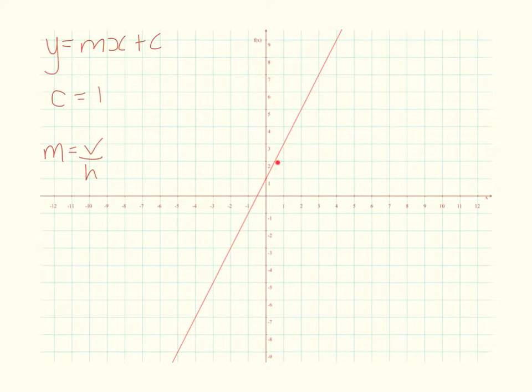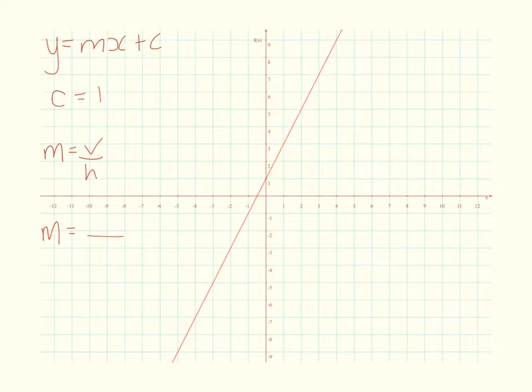We couldn't count to here because it's not in the corner, but we could count to here. If we count how many we move up and how many across, that tells us the gradient, because to find the gradient we do the vertical over the horizontal.